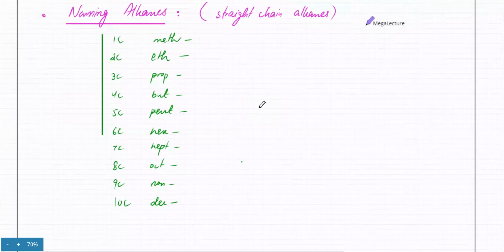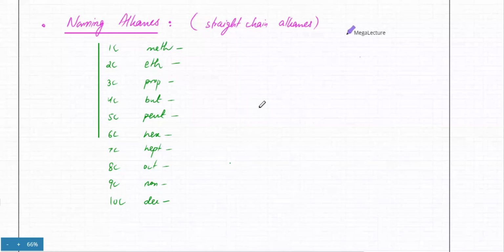Now, coming to naming alkanes, almost all hydrocarbons are actually named in the same way. They're based on the number of carbon atoms, and it's going to start with meth.